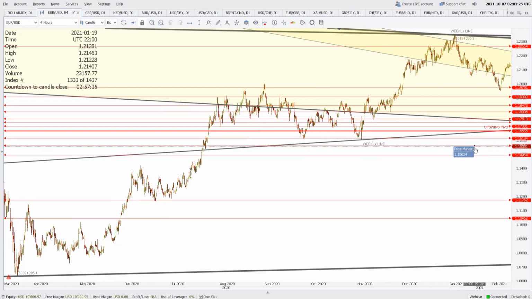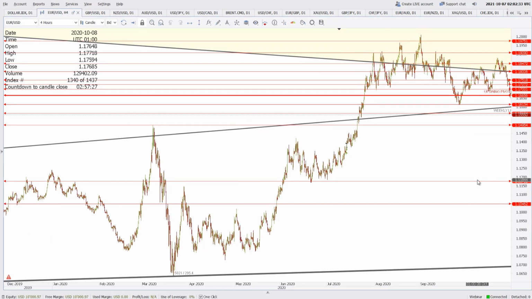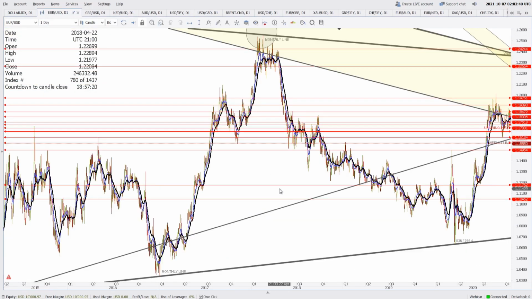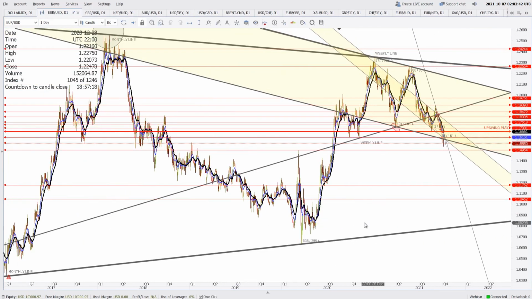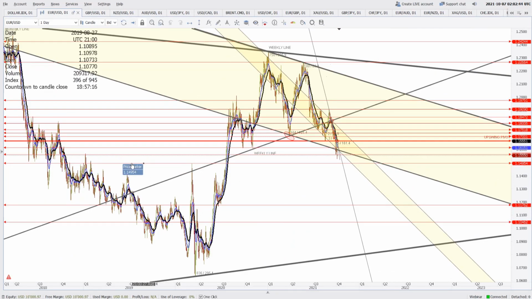So this area, 1.1562, this was an area of interest in the past. Here this was an area of interest in January, actually in January 2019.